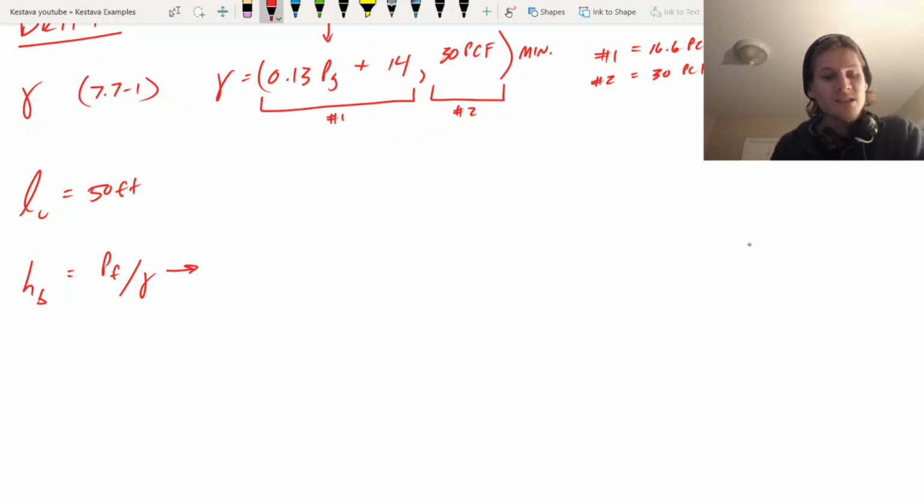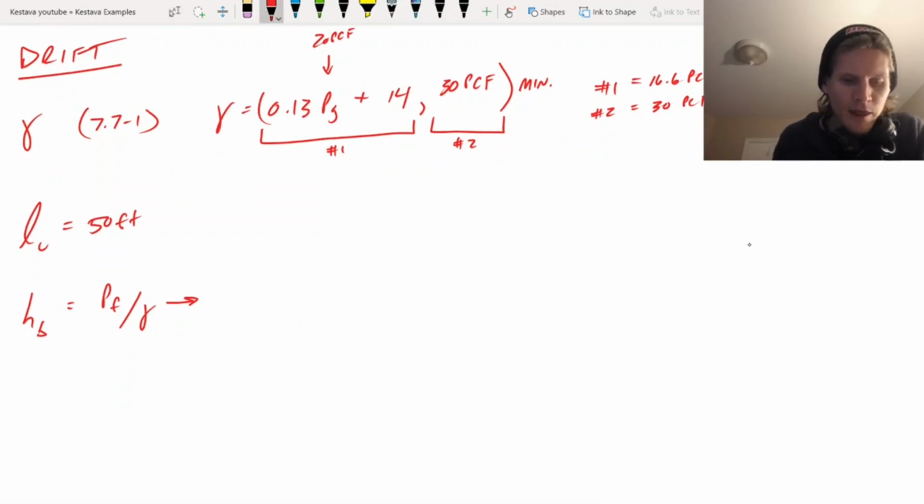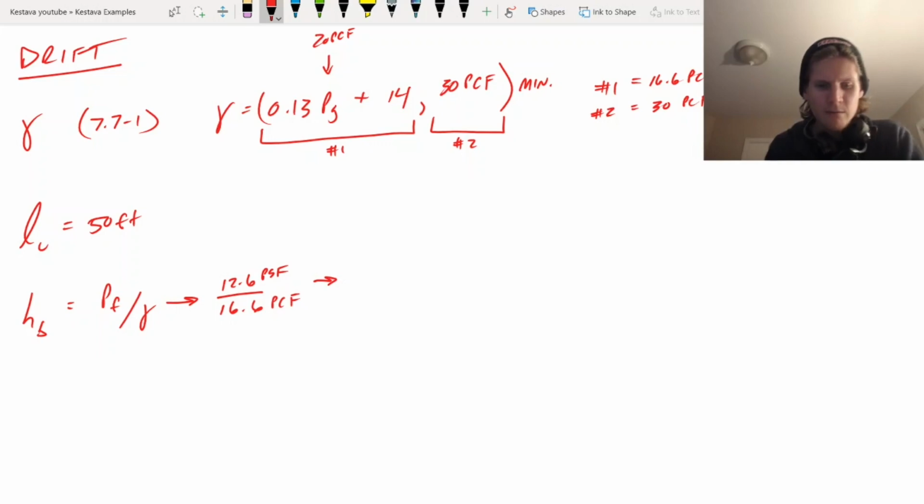For this case, since it's the drift case, we're going to be using P sub F, not P sub M. So we're going to use the flat roof snow load, not the minimum balanced snow load. And that was 12.6. We're going to divide that by 16.6 because that was our density. This is PSF, this is PCF, and what that will get us is 0.76 feet. So that's the height of your balanced snow load.